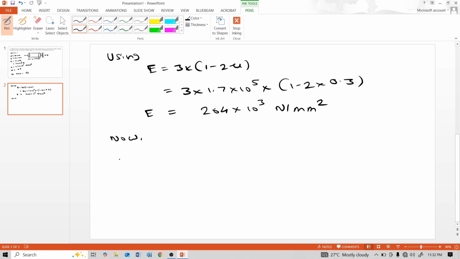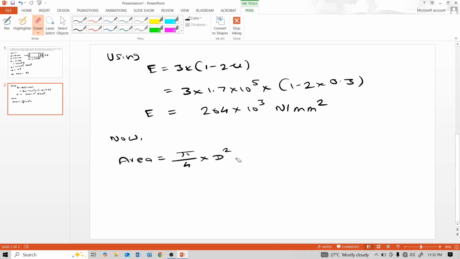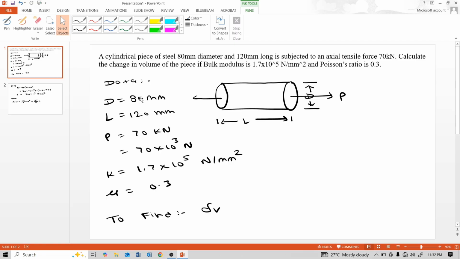Now, area for that circular bar is pi by 4 into d square. D is this 80 mm.